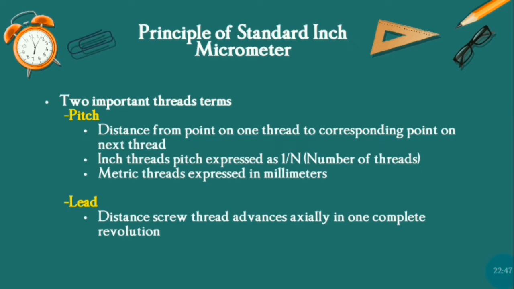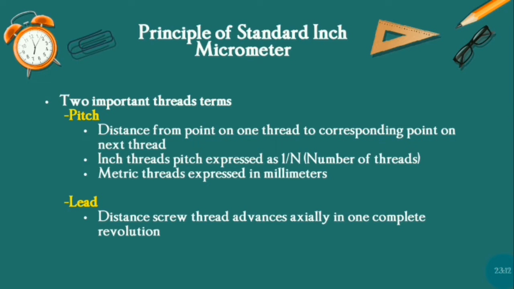Pitch is the smallest division in the main scale, and the precision of a micrometer is determined by the thread pitch of the spindle. The spindles of most imperial micrometers are threaded at 40 threads per inch. The thread pitch is therefore 1/40 of an inch, which is 0.025 thousandths of an inch.